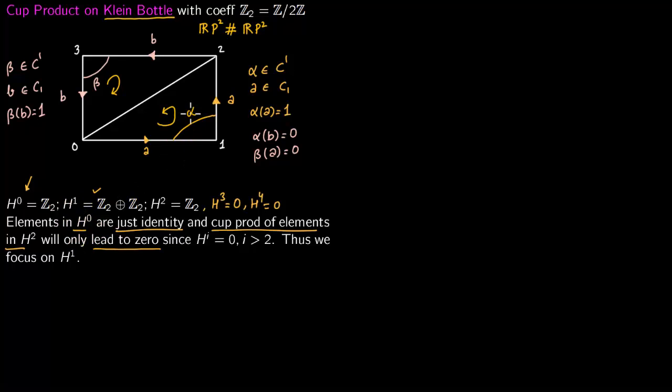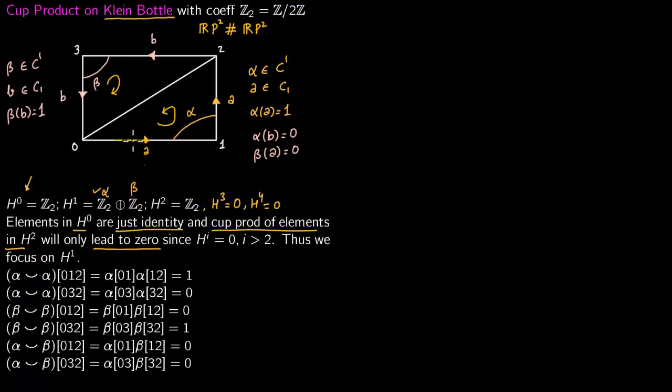On H1 we have two elements, alpha and beta. First we compute alpha cup alpha on our two triangles 0, 1, 2 and 0, 3, 2, according to the orientation we have chosen. On 0, 1, 2, alpha acts on 0, 1, which is A, and 1, 2 is also A. Alpha acting on each gives 1, and 1 times 1 gives 1.